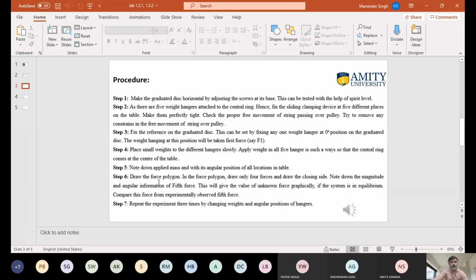Now draw the force polygon. You know how to draw the force polygon.